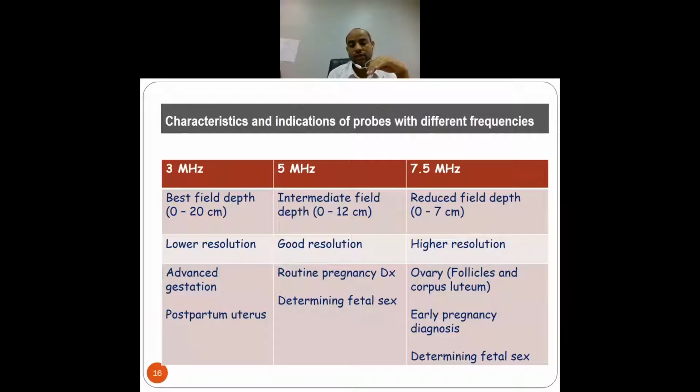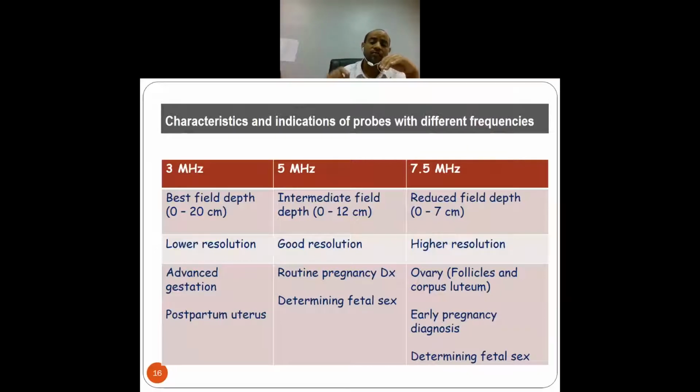Here is just an extension from the previous slide, and it tells you the frequency of the probes in relation to the depth of penetration and image quality that you'll be able to see, all right? So here we have three different frequencies, 3 megahertz, 5, and 7.5, which you commonly find in those ultrasound probes that we use in our labs or in our clinic.